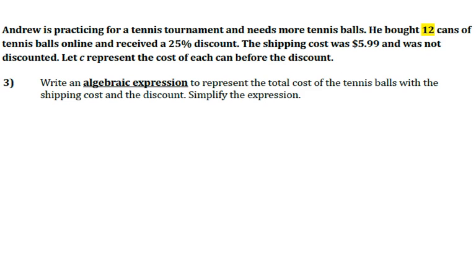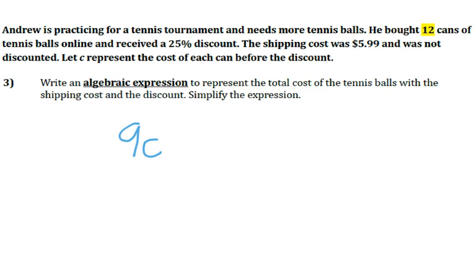Number 3, we're dealing with the same situation. We want to write an algebraic expression to represent the total cost of the tennis balls with the shipping cost and discount, and simplify the expression. If we think back to number 2, we ended up with the cost being 9 times C, or 9C. That's the total cost with the discount.